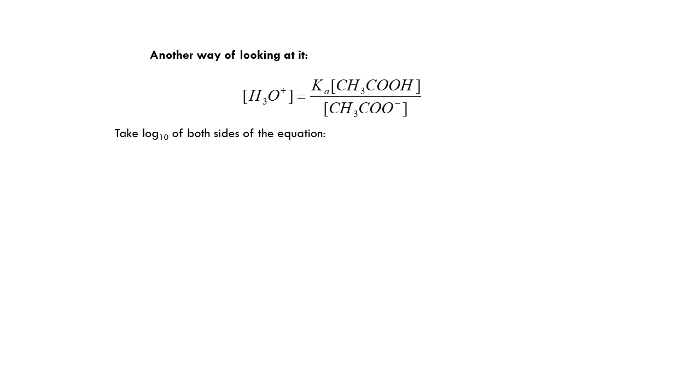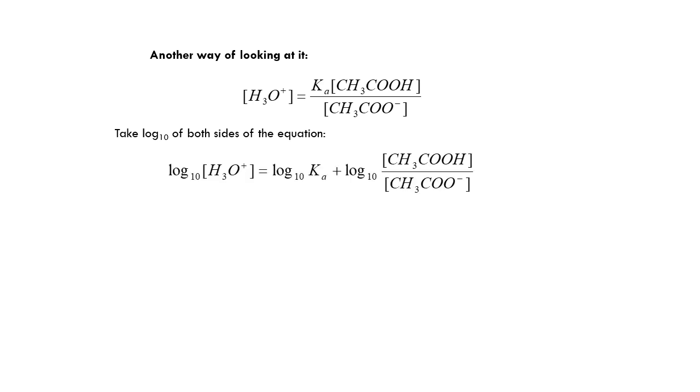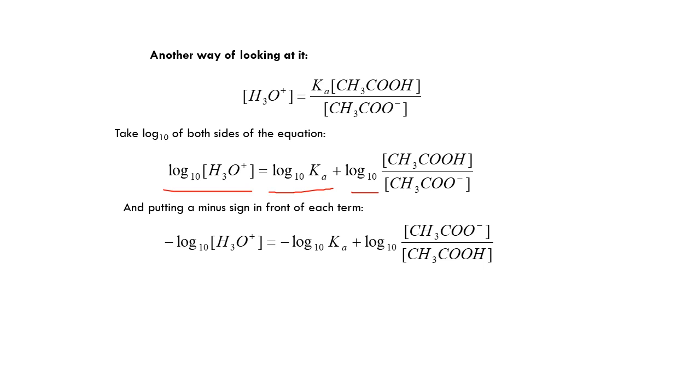Now, if we take the log base 10 of both sides of the equation, we get: log of hydronium ion concentration equals log of Ka plus the log of acetic acid concentration divided by acetate ion concentration. Putting a minus sign in front of each term gives us minus log of hydronium ion concentration equals minus log of Ka plus the log of, now notice these have switched, acetate ion concentration divided by acetic acid concentration.